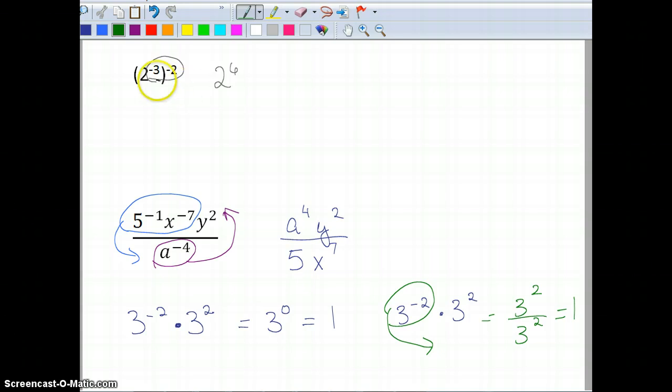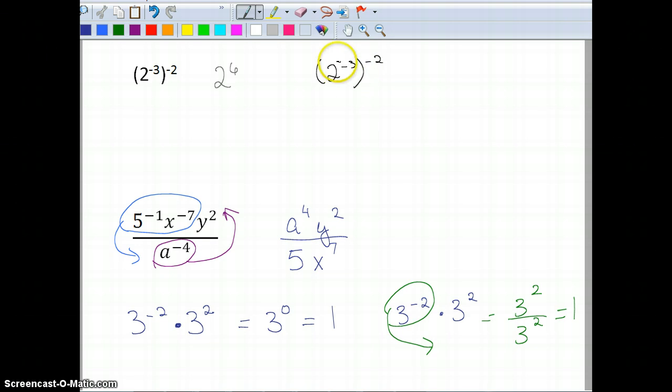Let's take one more look at 2 to the negative third raised to the negative 2. Let's say that you didn't notice that negative 3 times negative 2 was going to give you positive 6. If you had worked it this way, you had 2 to the negative 3 raised to the negative 2.